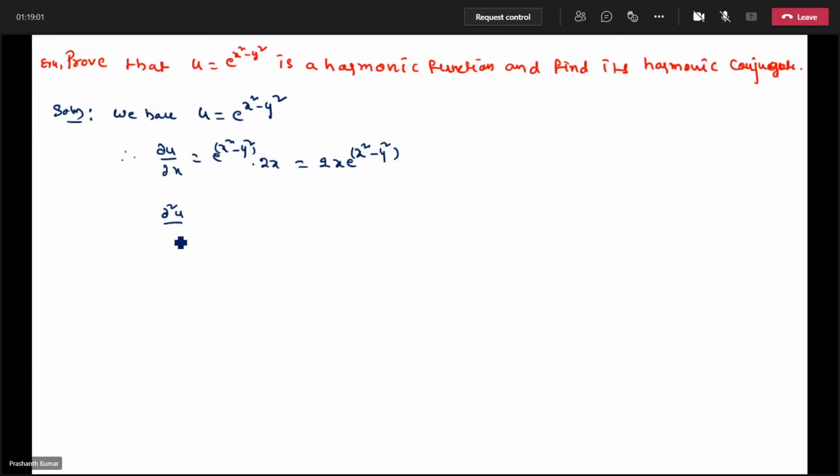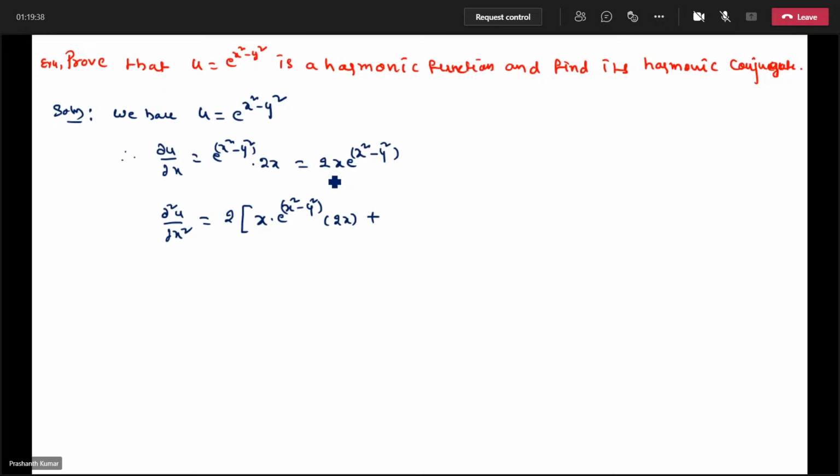What is dou square u by dou x square? This is equal to 2 into, again, this is a UV form, like x into e to the power of x square minus y square into the x square derivative, plus x derivative 1.